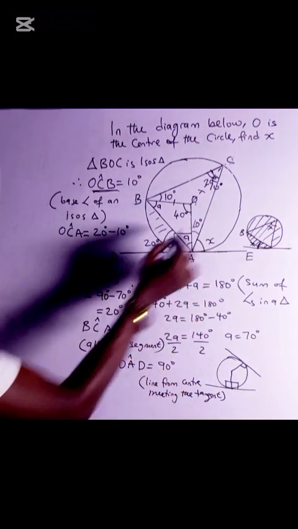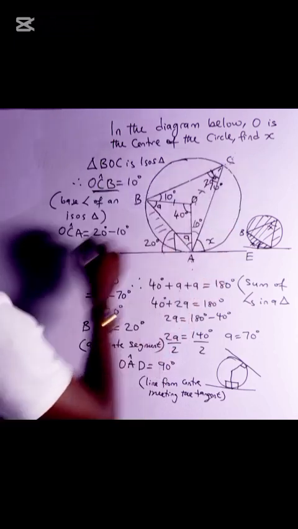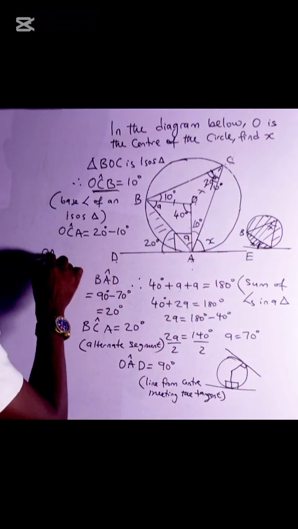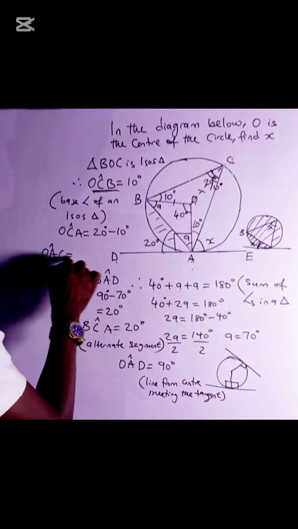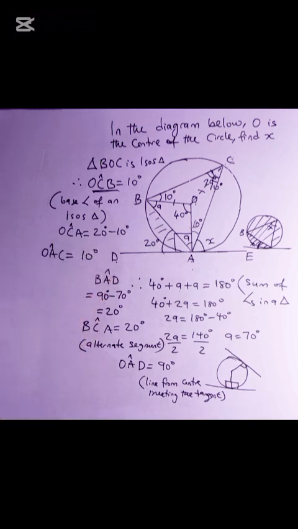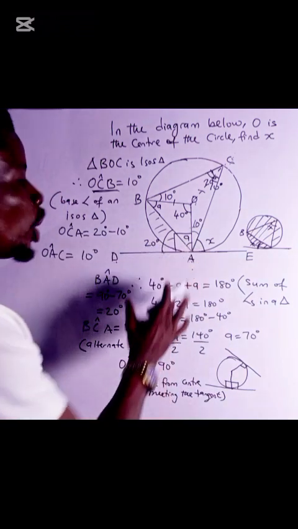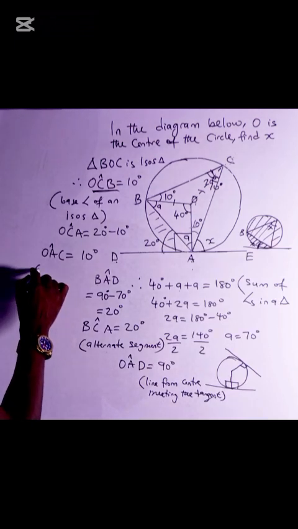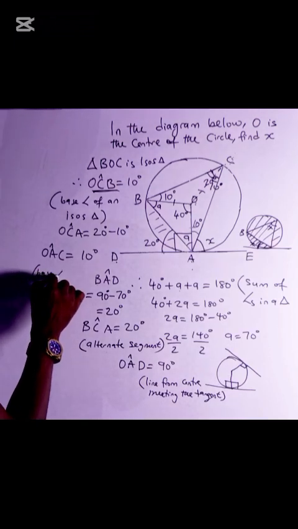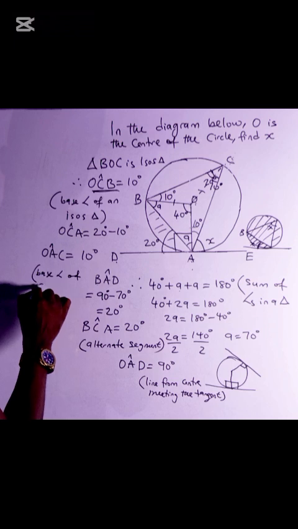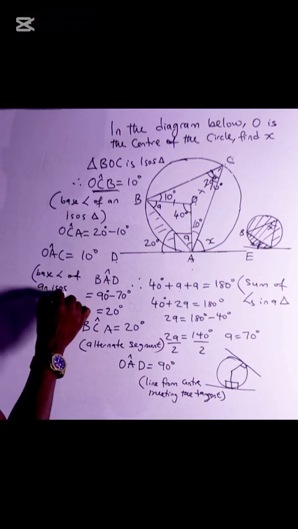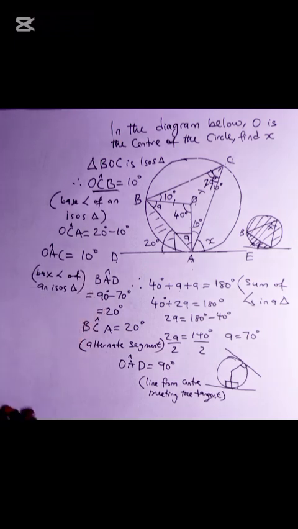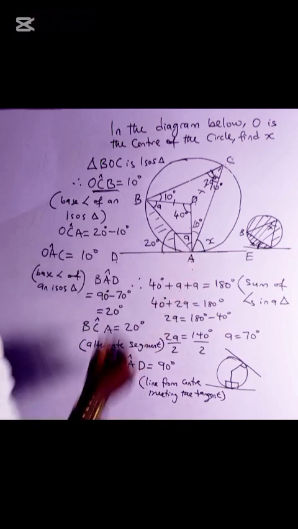So we write our angle OAC equals 10 degrees. If you want to get full marks in any questions like this, you must state your reason. What's my reason? Still base angle of an isosceles triangle.